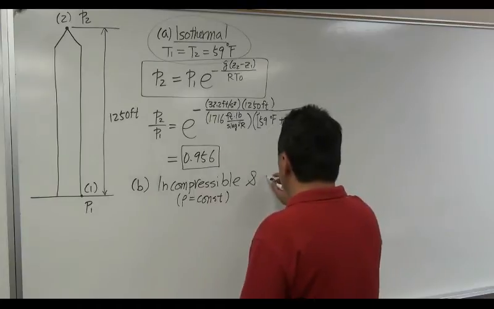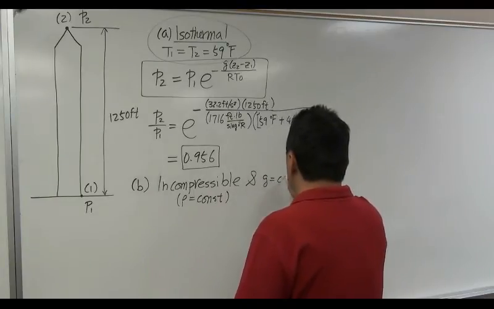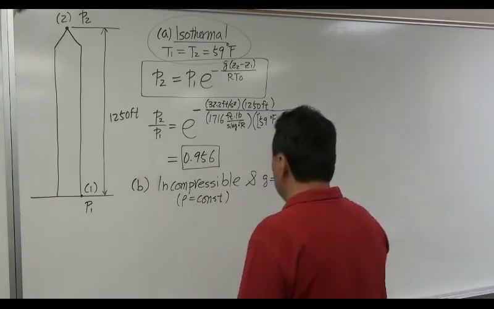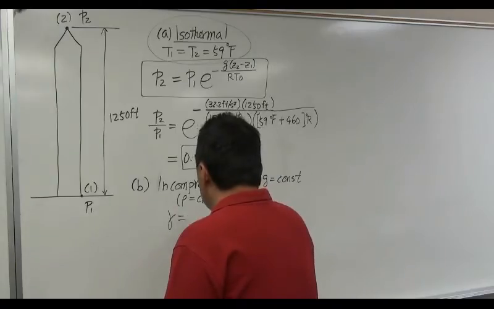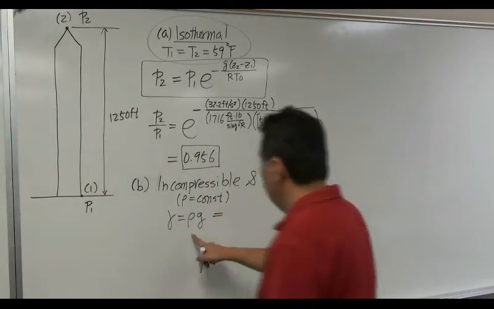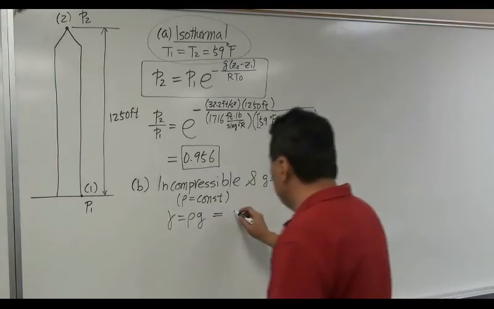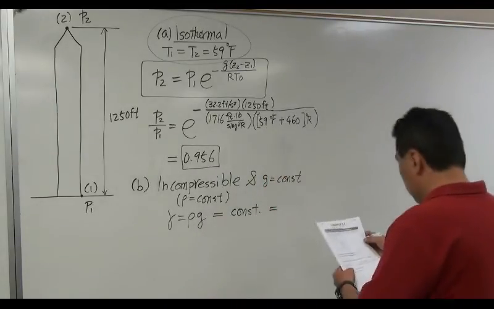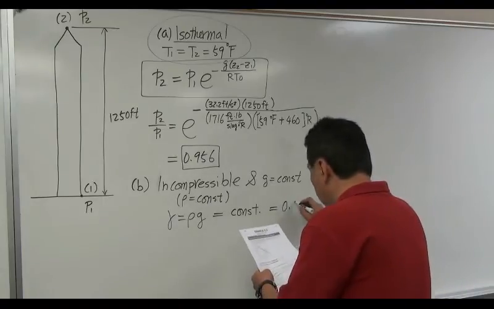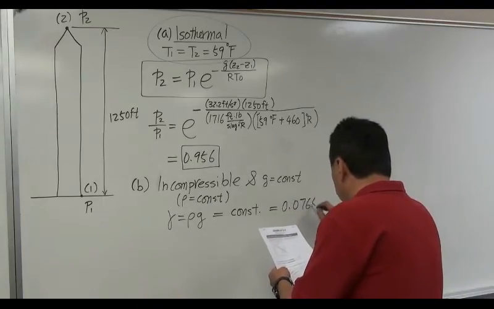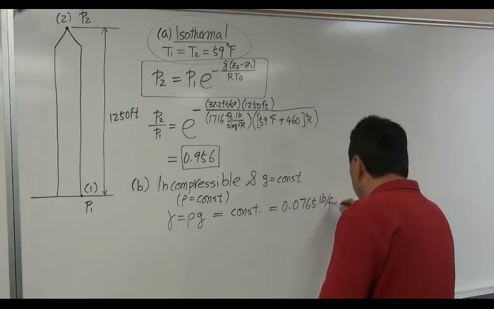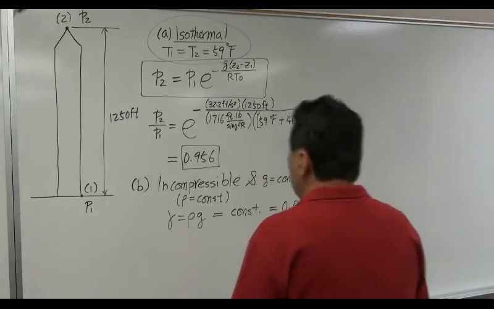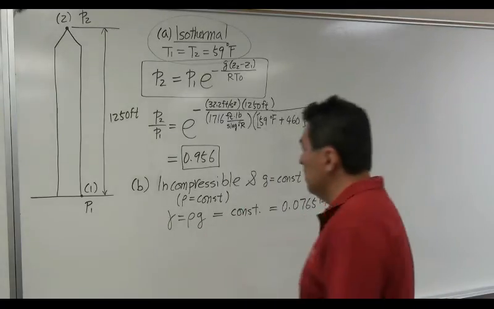And also, gravity is constant. Gamma is rho g. So if density is constant, gravity is constant, this is also constant. Which in this case, let's assume constant value of 0.0765 pounds per cubic foot. Okay. If so, what is the pressure difference?